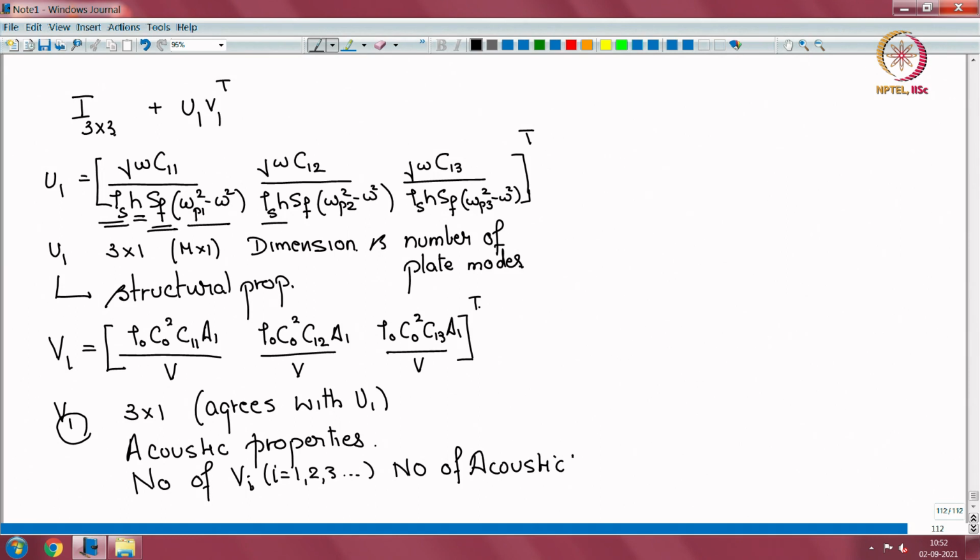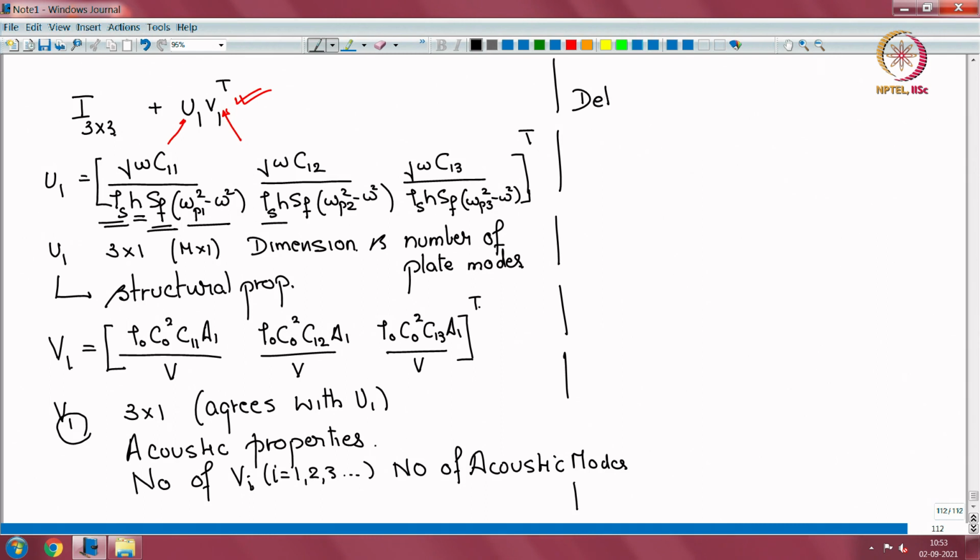Okay, that's the structure. That means that complicated looking matrix first of all can be represented very easily like this, and U1 has structural properties, V1 carries acoustic cavity properties.